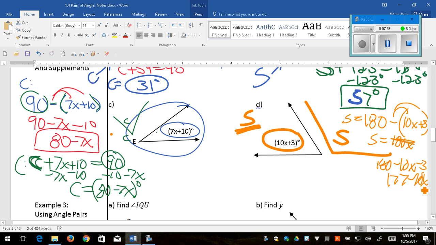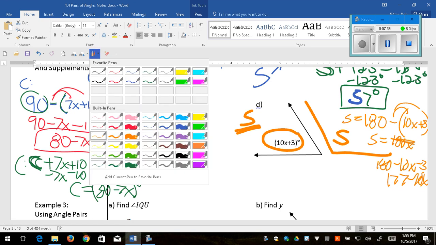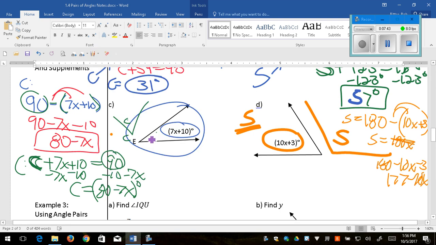But if you're prone to not remember that or forget to put it in parentheses, which would not be good, then you may want to instead say, well, wait a minute, if I have the two angles S and this expression, and I'm just trying to find an expression, I'm not solving for the angle, then I have S plus 10x plus 3.